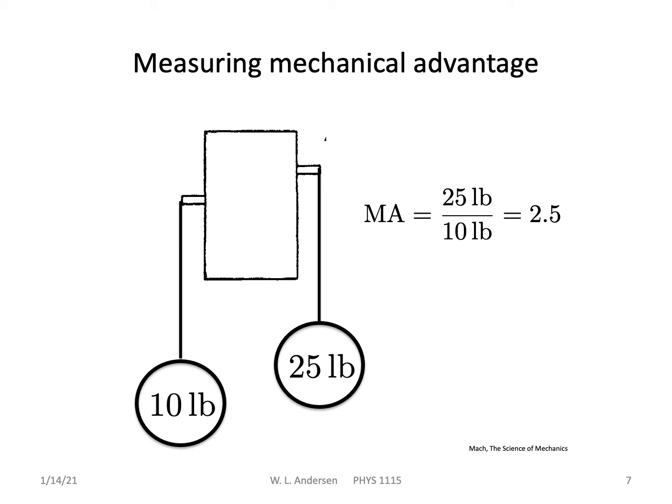Reversibility here means that once we've achieved equilibrium, in a perfectly reversible simple machine, if we were to put a grain of sand, say, on the 10-pound weight, then the 10 pounds would go down and the 25 pounds would go up. Not necessarily by equal amounts, that depends on the machine. But the grain of sand would be enough to cause a non-existence of equilibrium.